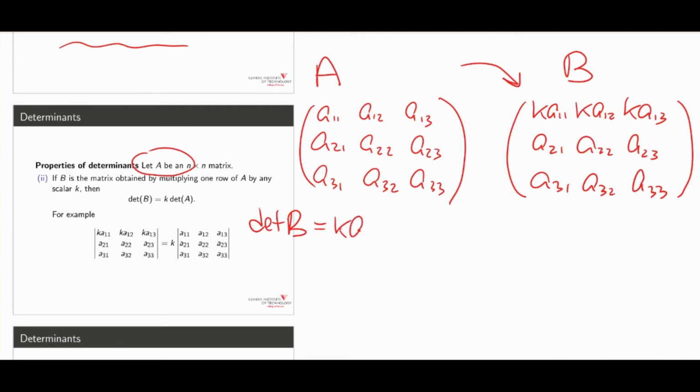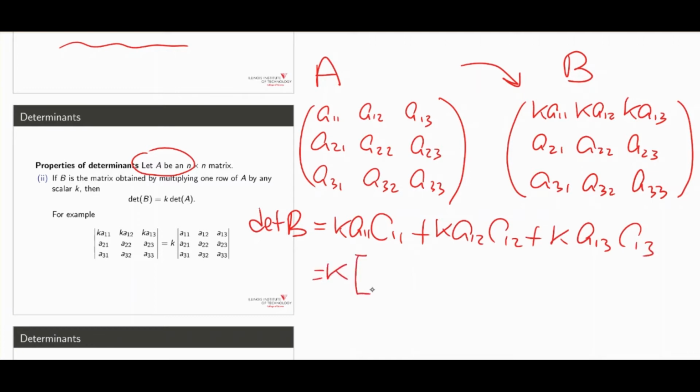So you have K A11 C11 plus K A12 C12, and then plus K A13 C13, and obviously we can take out the K.